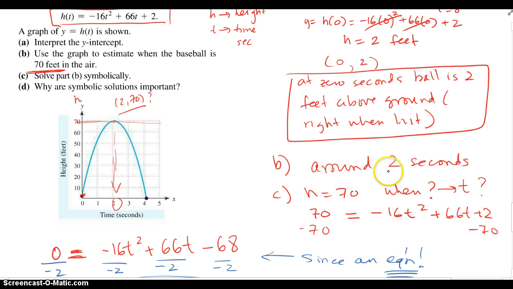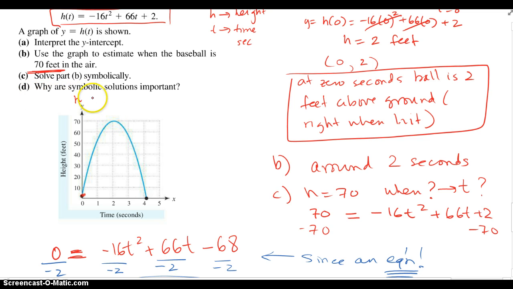And remember, I guessed around 2 seconds. Visually it's hard to tell, but apparently the ball goes up, and 2 seconds later it's 70 feet high, then it goes a little bit higher, and then 0.125 seconds later, it's on its way down, and it's again around 70 feet above the ground. So it's hard to see graphically.